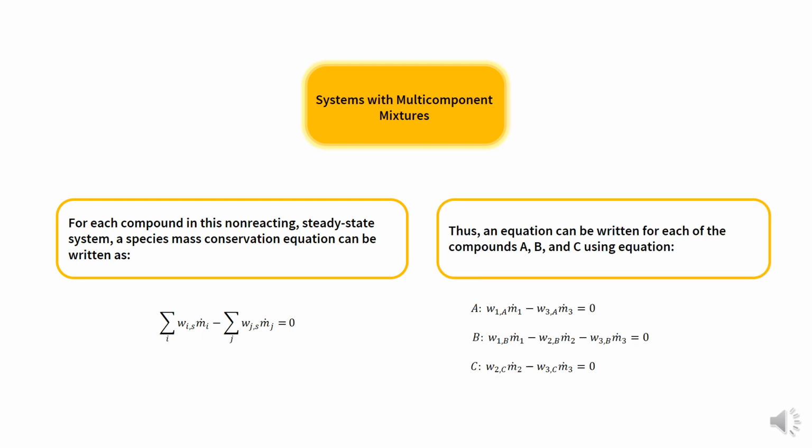Thus, an equation can be written for each of the compounds A, B, and C using the equation below. The total mass balance on the system is mass flow rate 1 plus mass flow rate 2 plus mass flow rate 3 is equal to 0.